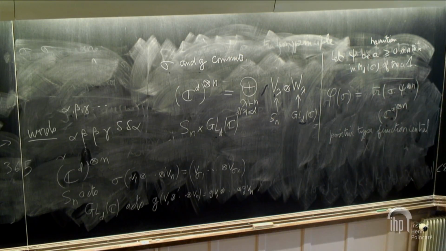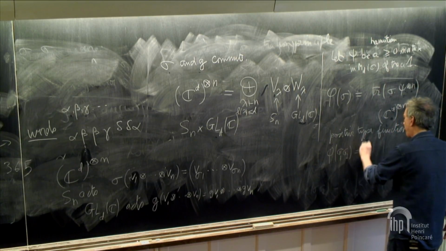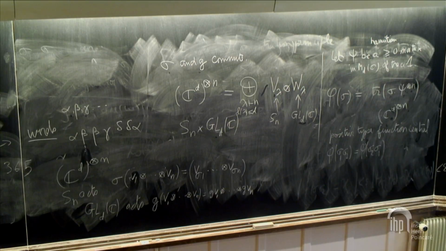So if you evaluate phi of sigma1 sigma2, this is phi of sigma2 sigma1. Okay? Because they both commute with psi. So you can permute inside the trace.